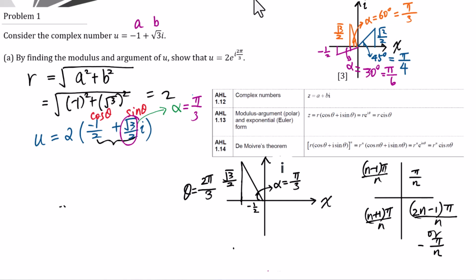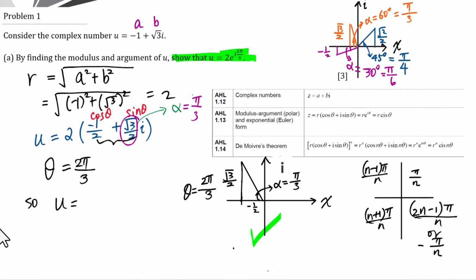Since this question is a show question, you have to draw this Argand diagram to show this theta equals 2 pi over 3.